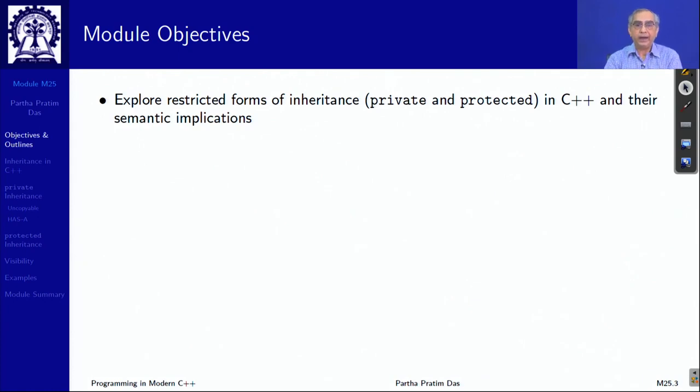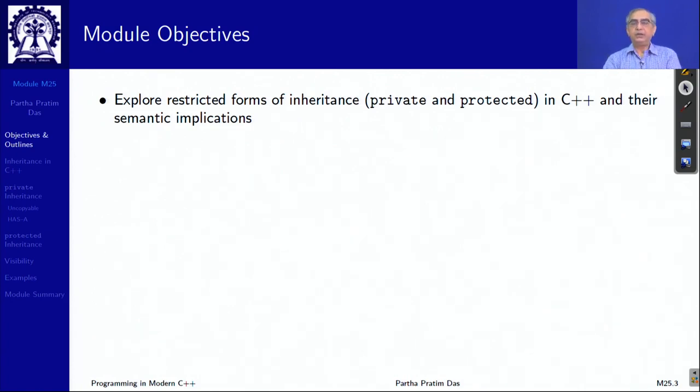So, this module will describe two other forms of so called inheritance, by private and protected form, with the caution that if you need to use any one of them, you need to be really thorough and confident that you need them.